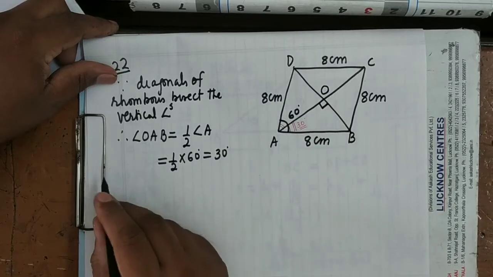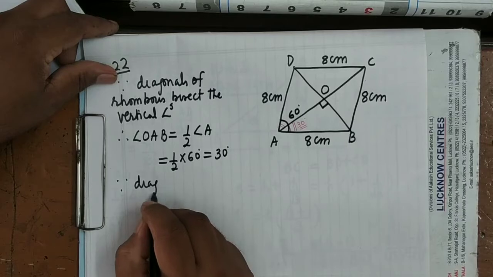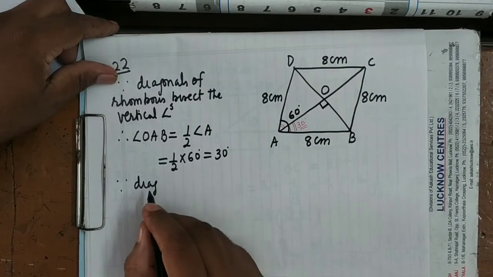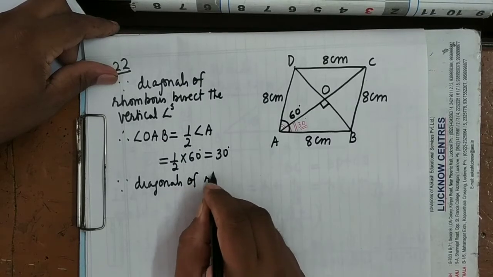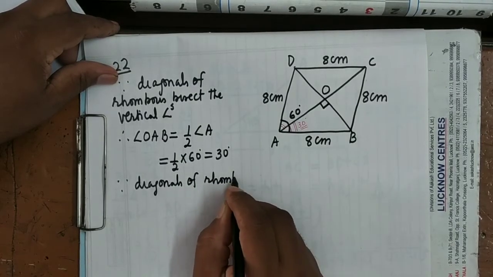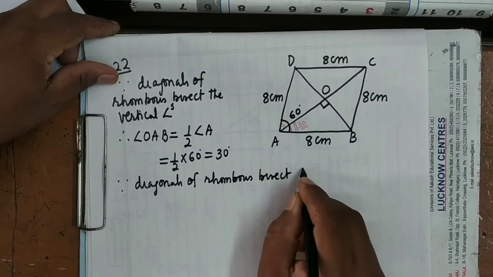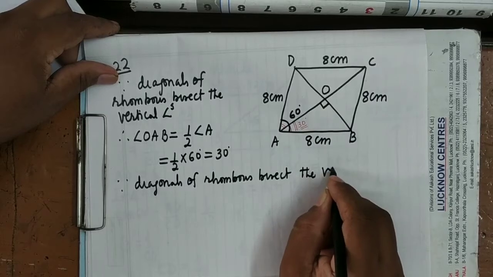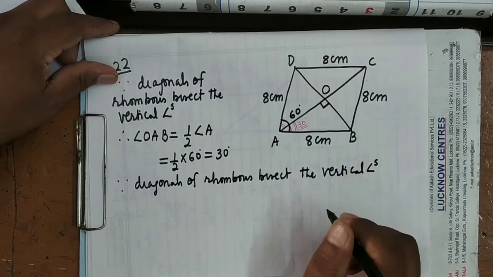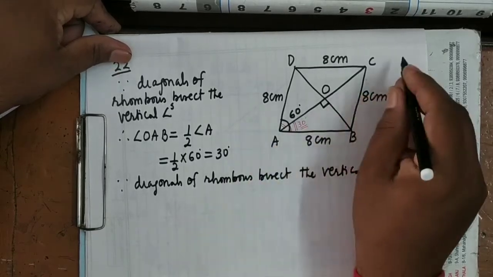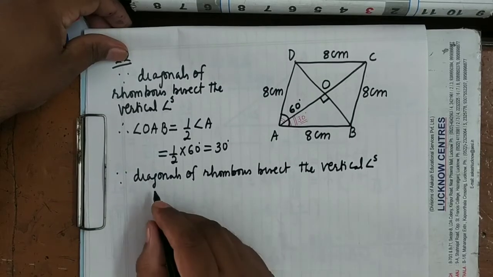Then second property, since diagonals of rhombus bisect the vertical angles, means AC and BD are bisecting each other perpendicularly.